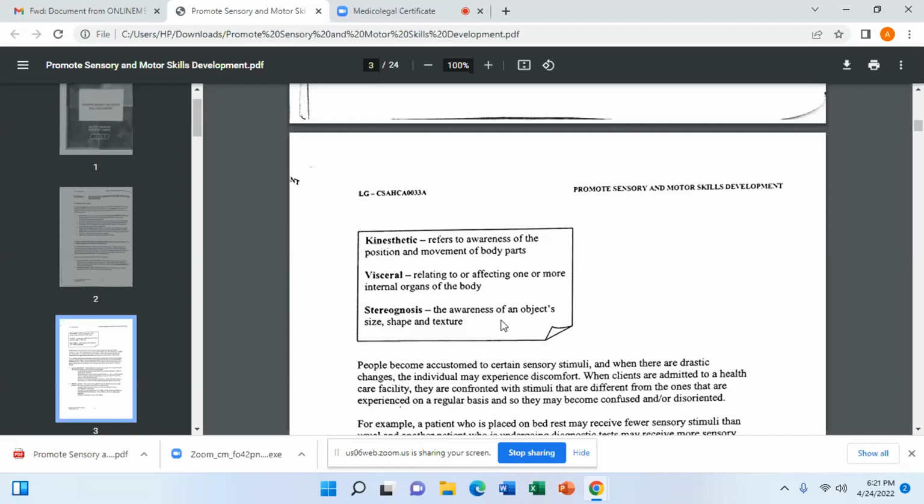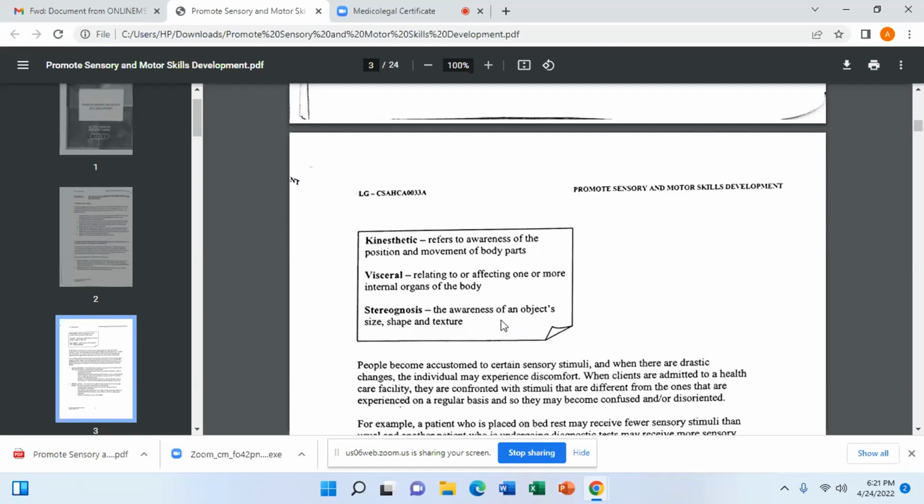Because they end up falling down on the chair too hard, or it's the case that they feel that the bed is wider than how it is, and they roll off the bed, right? That happens a lot, especially to the elderly. And they have visceral, relating to or affecting one or more internal organs, right? So it's inside the body, your organs.